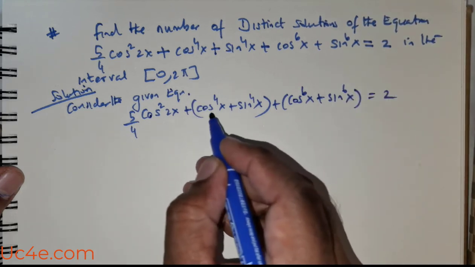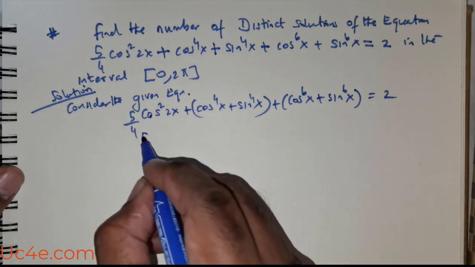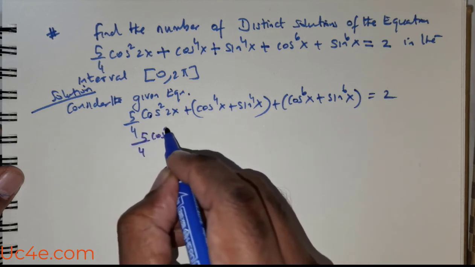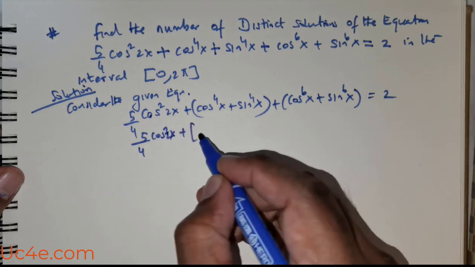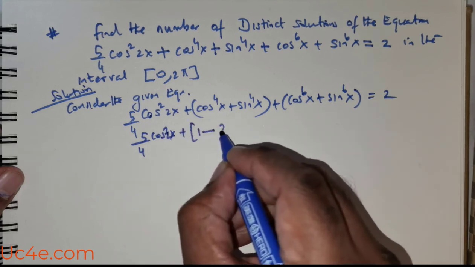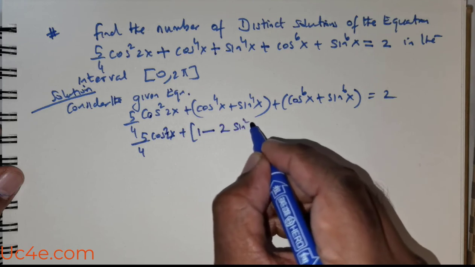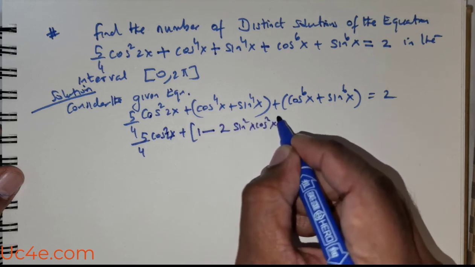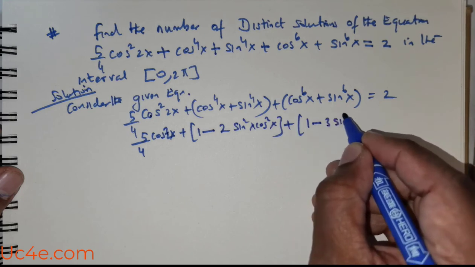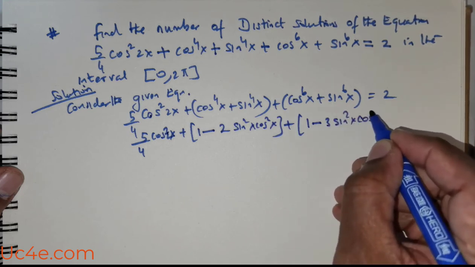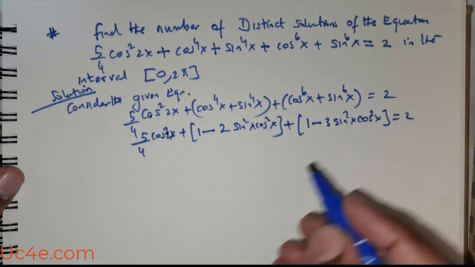I would like to apply a formula which we have already studied. So this is cos²2x, and this is going to be (1 − 2 sin²x cos²x) + (1 − 3 sin²x cos²x) is equal to 2.